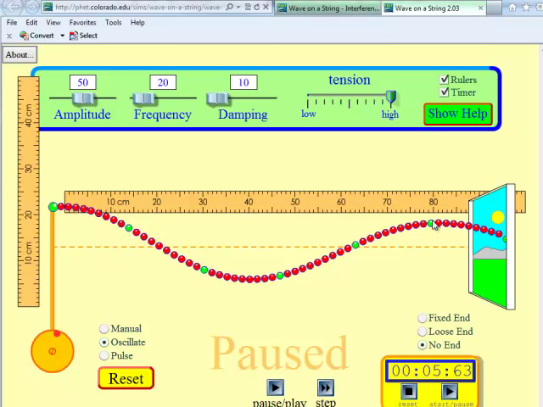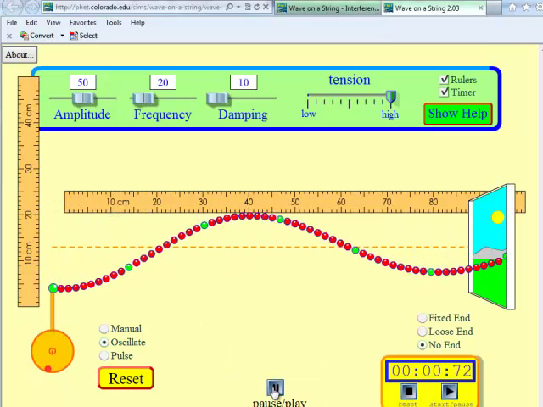Now I'm going to see what the frequency is. Here, for example, I start on the top here, and then I'm going to go down to the trough and back up to the crest, and I do that 10 times. And then I see how much time does it take for 10 ups and downs, and that's the way I get the frequency. So I'm going to reset this one here, and here we go.